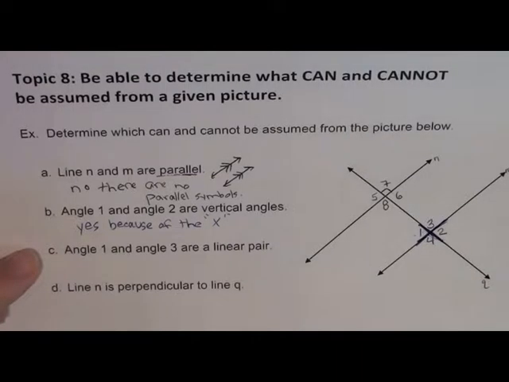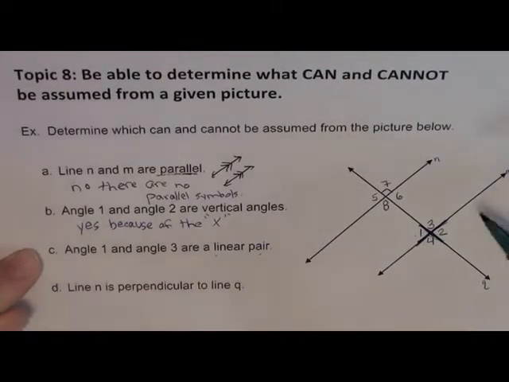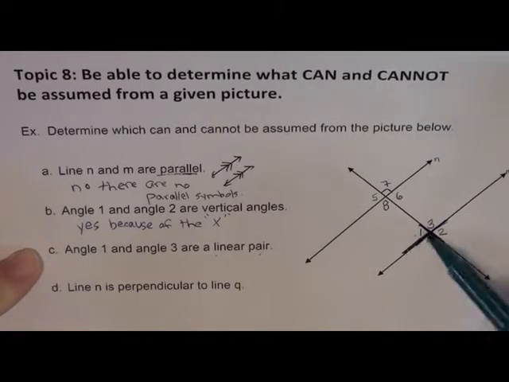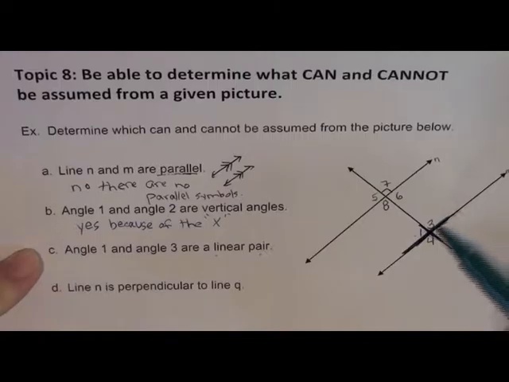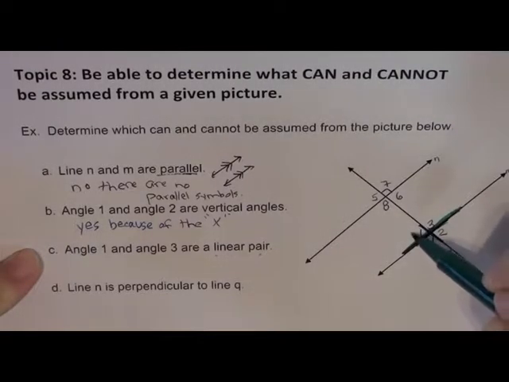So angle 1 and angle 3 are a linear pair, part C. Well, remember, a linear pair are 2 angles that make a line together. So let's look at angle 1 and angle 3. They're over here. Angle 1 comes up this way, and angle 3 goes out that way. And notice together, 2 angles, 1 and 3, do make a straight line. They form line M. That's the definition of linear pair.